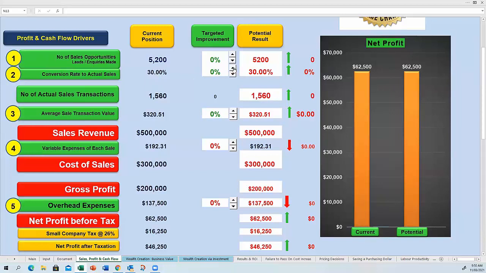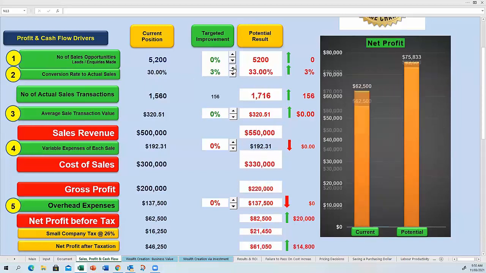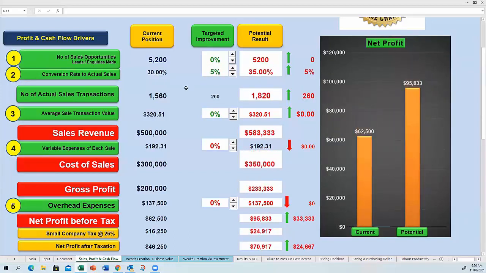Now let's see if we can improve this by a mere 5% as well, which then means that we're going to pick up 35 sales out of every 100 that actually come into our business and giving us an opportunity to sell to. You can see here that your profit, just by improving that variable, goes from 62,500 to 95,833. Profit improvement of $33,333.